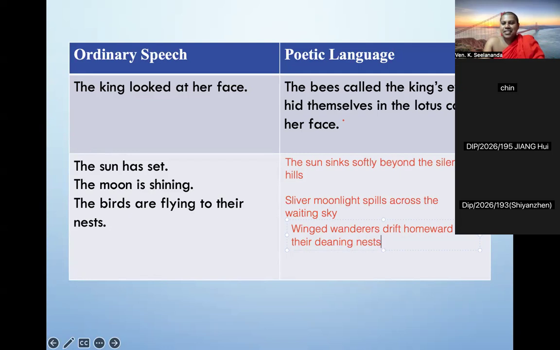It is poetic language. Can you understand? Yeah. Winged wanderers drift homeward to their dreaming nest.